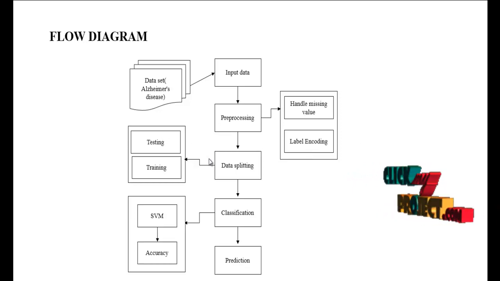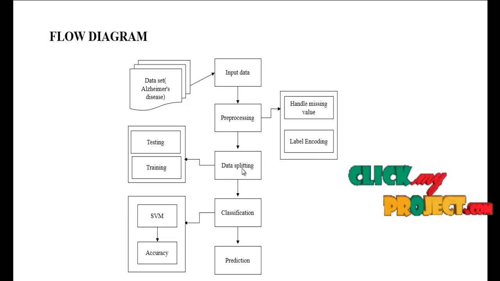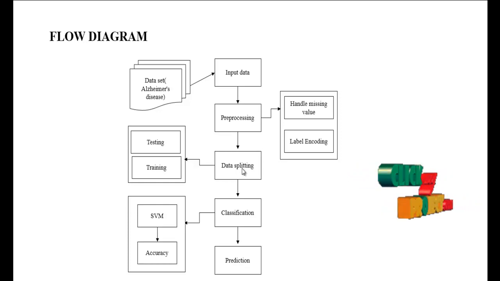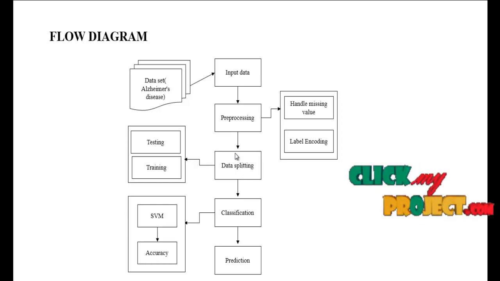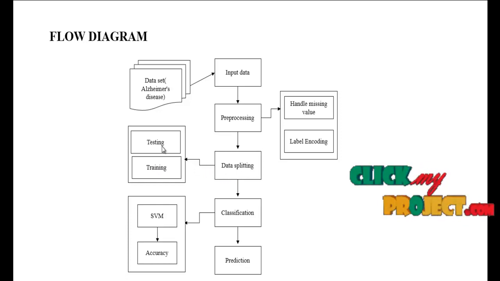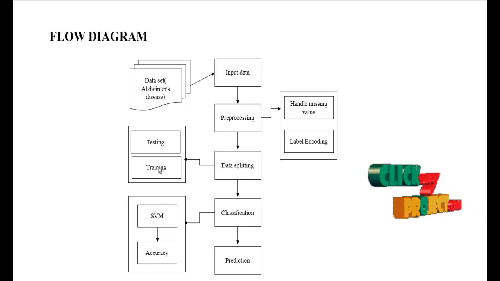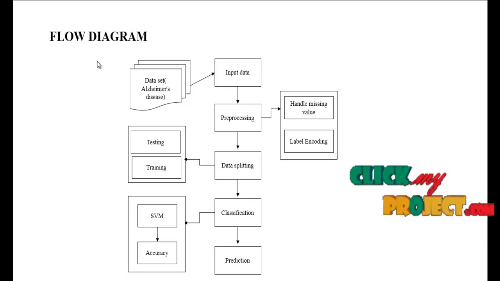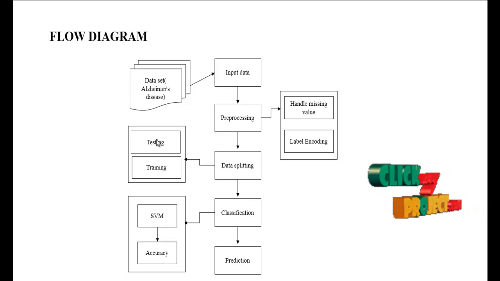After that, we have to implement the data splitting. In this step, it performs the partitioning of our input data into two portions. One portion is training data and another portion is testing. In training, most of the data are present. In testing, a smaller portion of the data is present.